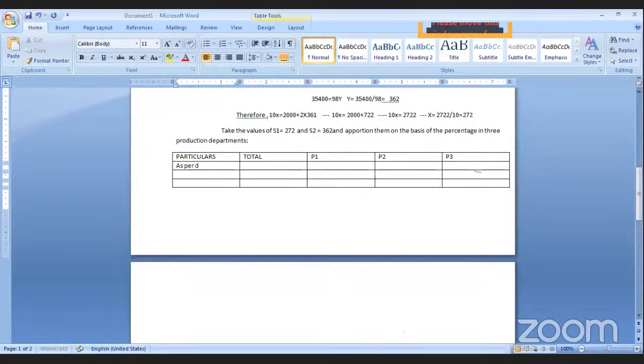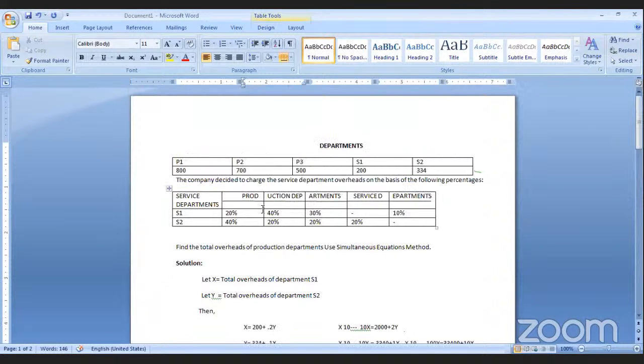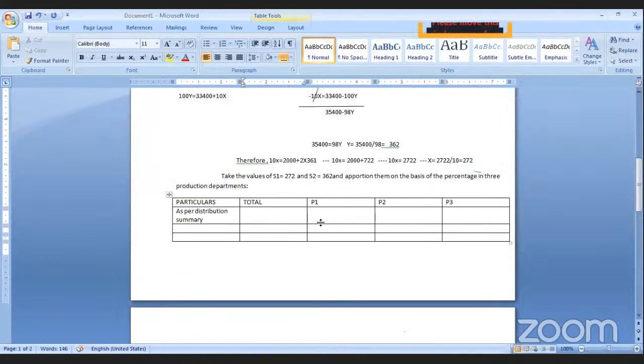So these production department values you are going to enter now, particulars as per distribution summary. In the first one, directly it is given for P1 as 800, 700, 500. So 800, then 700, then next 500.